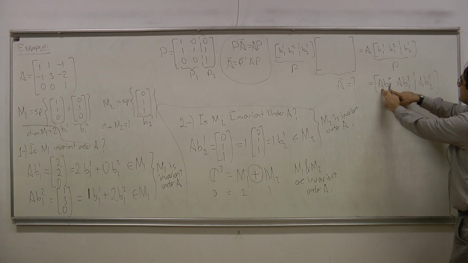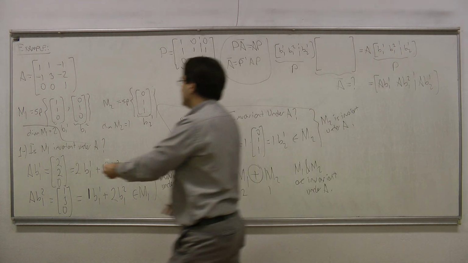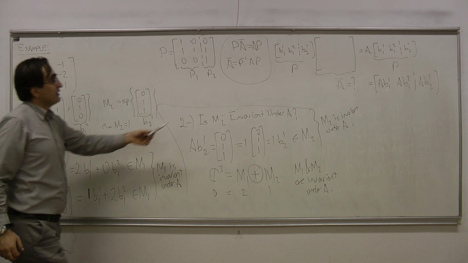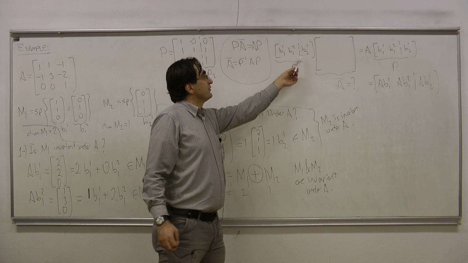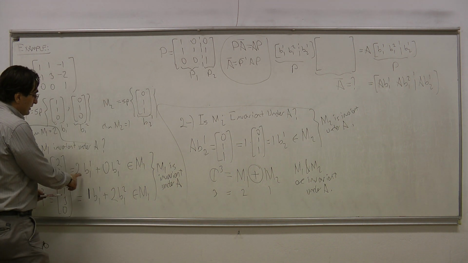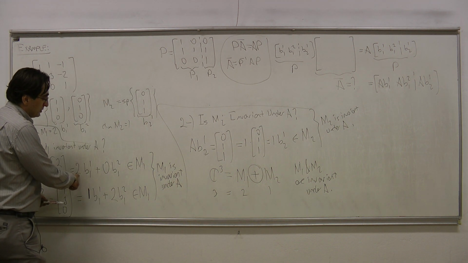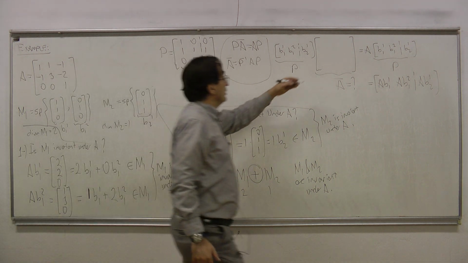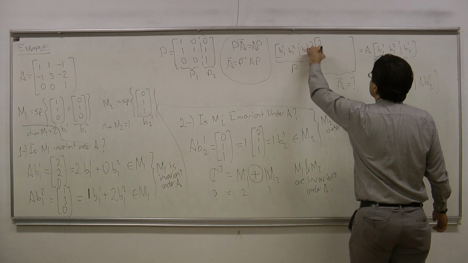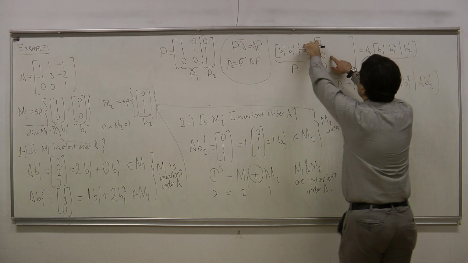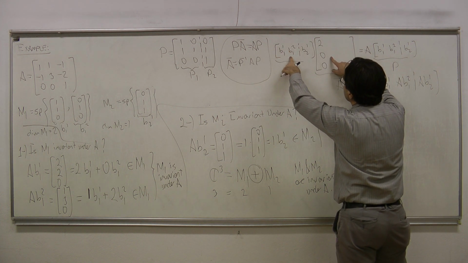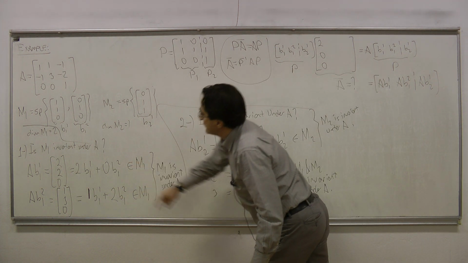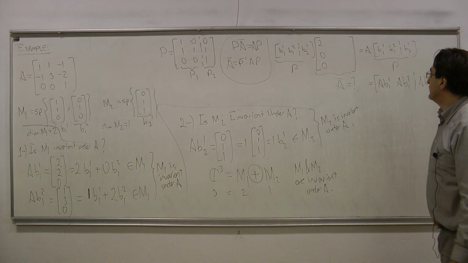A times B11 is (2, 2, 0), and if I write it as a linear combination of these three vectors, I know the coefficients are 2, 0, and the third coefficient is going to be 0. So I have 2 times B11, 0 times B12, plus 0 times B21. This is already in the equation that I have written there.